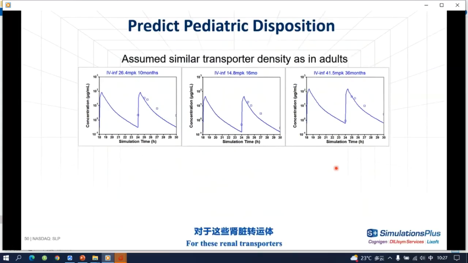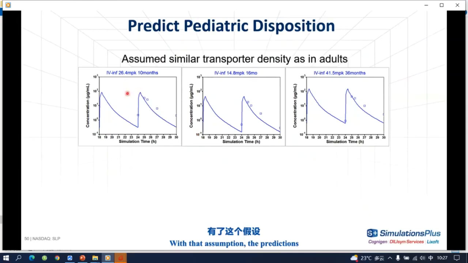For these renal transporters, we don't have the ontogenies yet. So in this case, we are looking at the predictions. First, we started with a prediction assuming that the density, or the expression levels per milliliter of tissue or per milligram of protein, are the same as in adults.